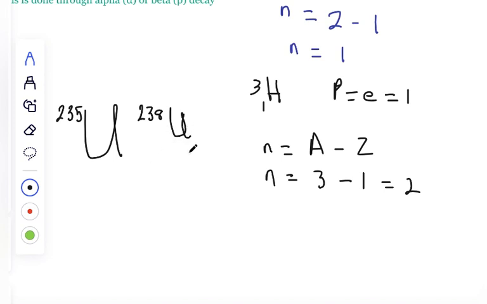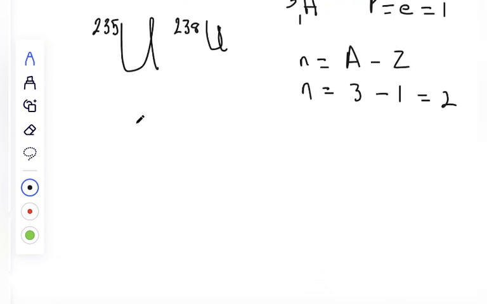In the tutorial, we've talked about alpha particle, beta, and gamma. So let's quickly show that the alpha particle is represented by this symbol, alpha, in which the atomic number is 2 and the mass number is 4. So this is an alpha emission. When an alpha particle is emitted from a parent nucleus, this is what we get.